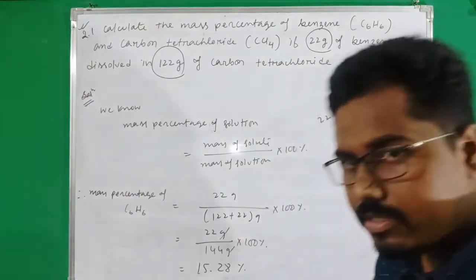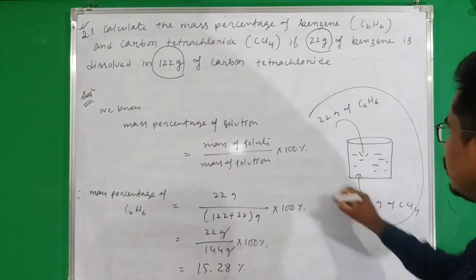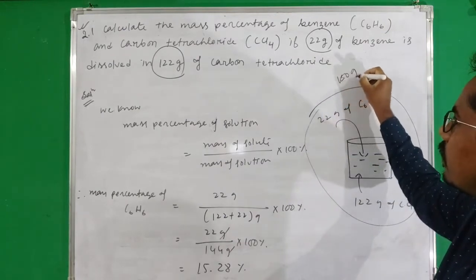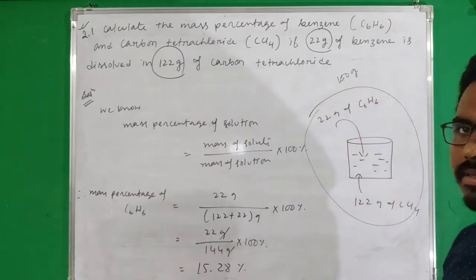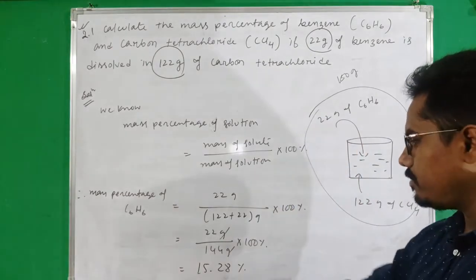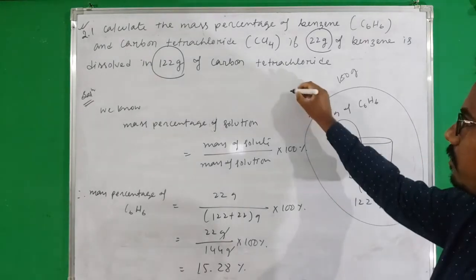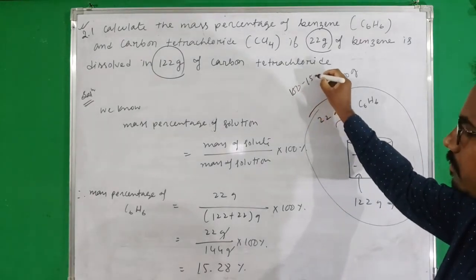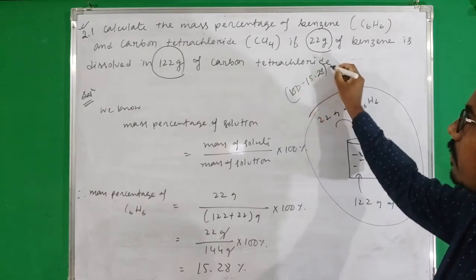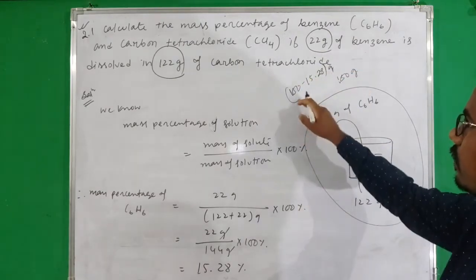Now we have to calculate the mass percentage of carbon tetrachloride. When we consider percentage, the overall mass of the solution is considered as 100 gram. In this case the mass of benzene is 15.28 gram, so the mass of carbon tetrachloride will be 100 minus 15.28.